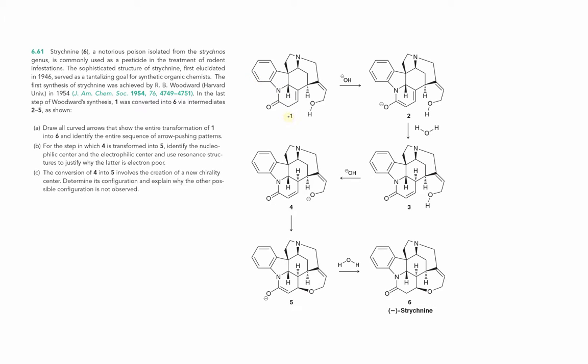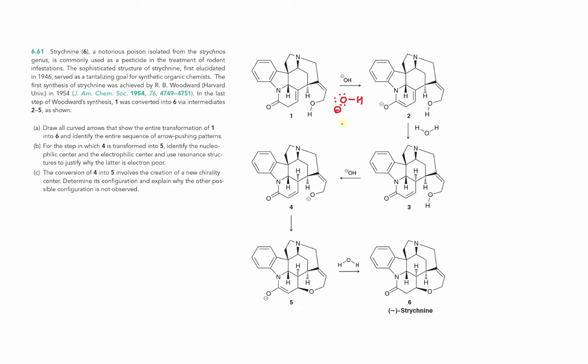So comparing 1 and 2, I see that the double bond is gone between the carbonyl, the carbon-oxygen double bond, and instead I have a double bond here, and I'm introduced with the hydroxide ion.